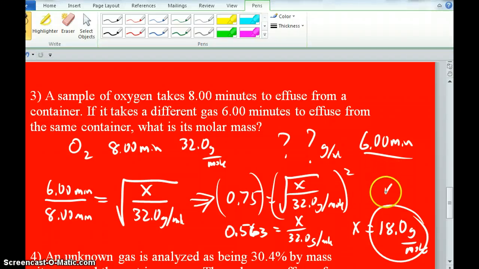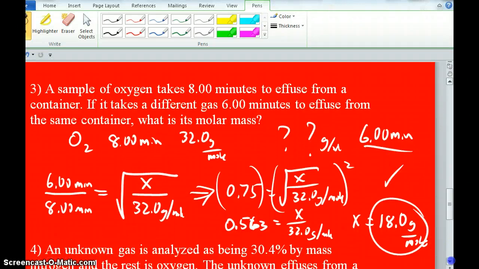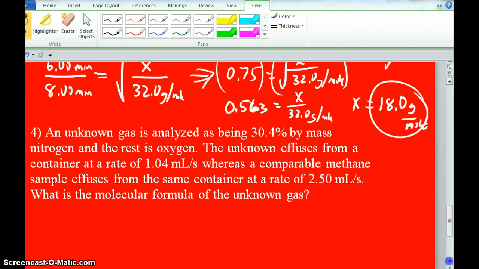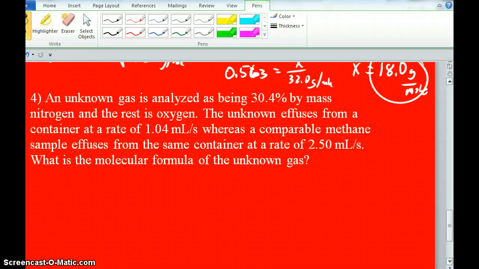Now the beauty of this is it's one more way that we can disguise a molar mass for a problem in which we always need a molar mass, and that's a problem in which we're asked for a molecular formula. Because after all, for a molecular formula you need 2 things, an empirical formula and a molar mass.